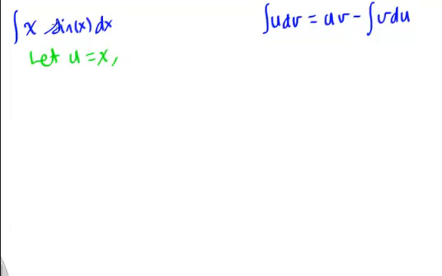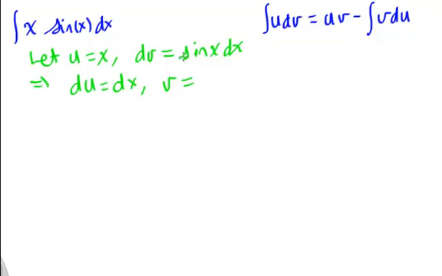We don't choose dv; we are forced to have dv be the rest of the expression in the integral, which is sine x dx. Once we have u, du is simply the derivative of u, which is 1 times dx, and v is the antiderivative of sine x, which is negative cosine of x.